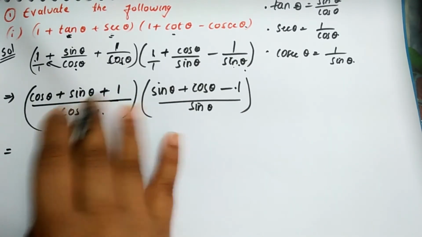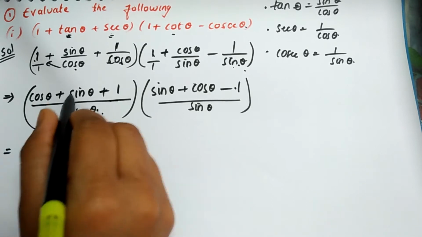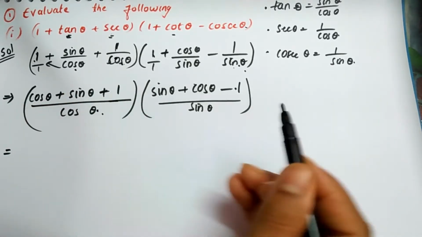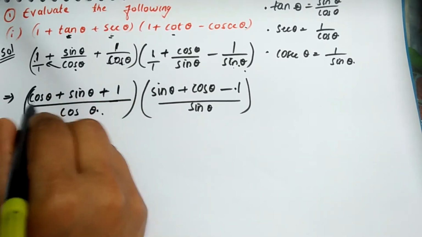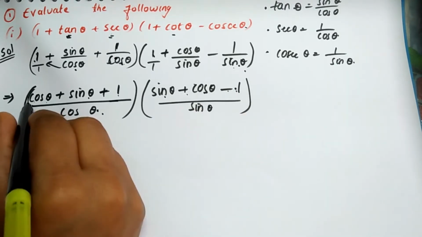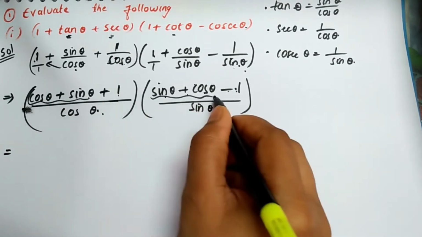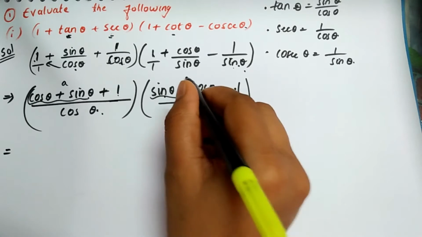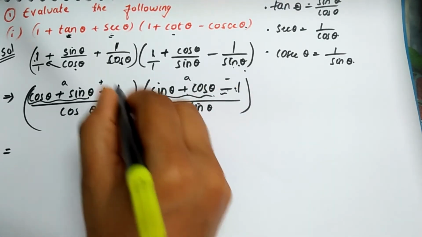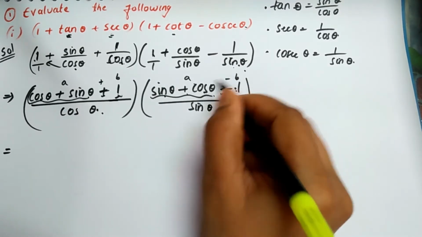Now what we can do in this thing is, this doesn't seem like a formula. See, if you see cos theta plus sin theta plus 1, sin theta plus cos theta minus 1, this sin theta and this cos theta seem as a, this is plus, this is minus, 1 is as b, right?